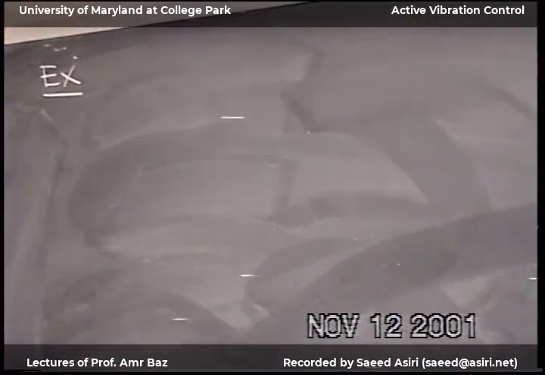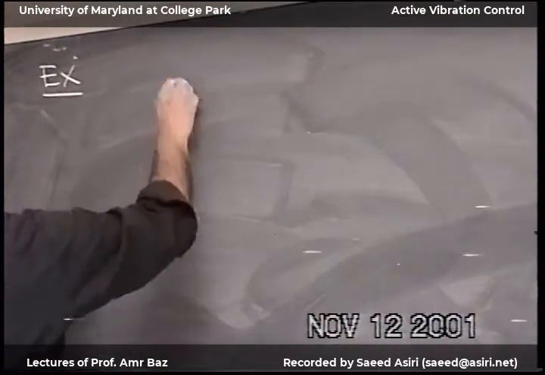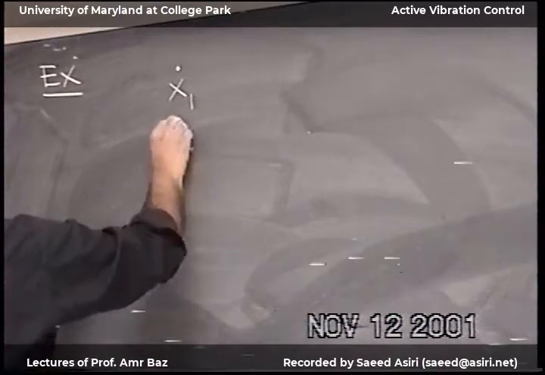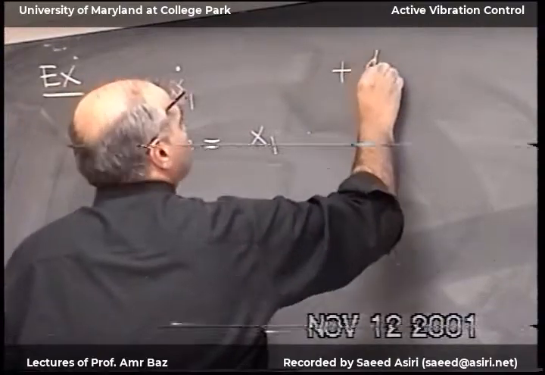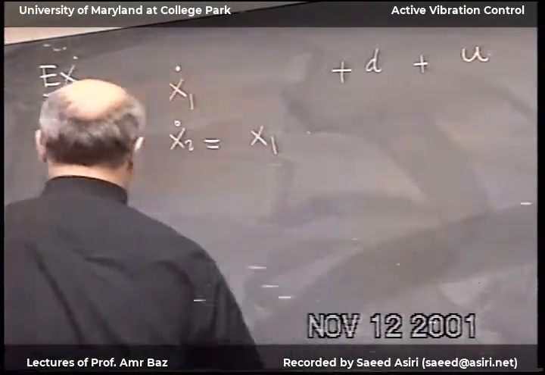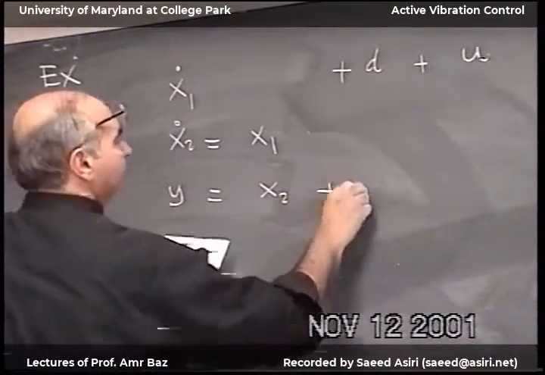I'm going to take a system and make it a very simple structure by eliminating a lot of dynamics. So for example, I will take a system and make it like this: x1 dot, x2 dot, and then I'm going to measure x2 and m.